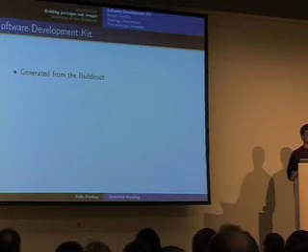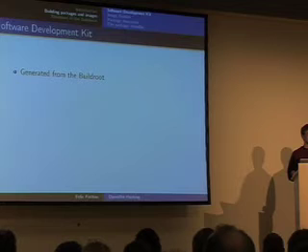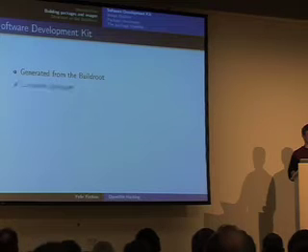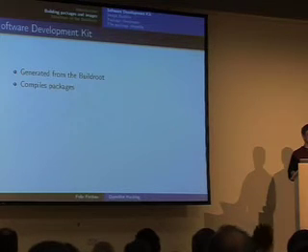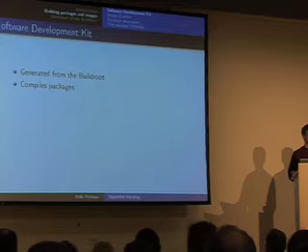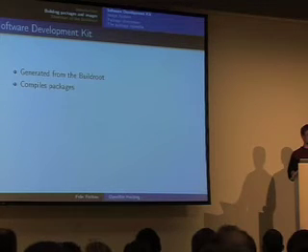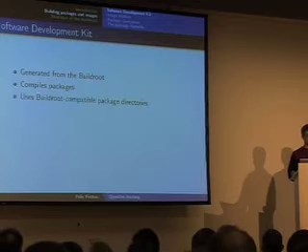Now to the developer tools that we provide for special cases. The first one is the software development kit. It is generated from the build root at build time if you select it in the menu configuration. Its main purpose is to just compile packages without all the hassle around. It contains a precompiled toolchain and all libraries, and it uses build root compatible package directories.